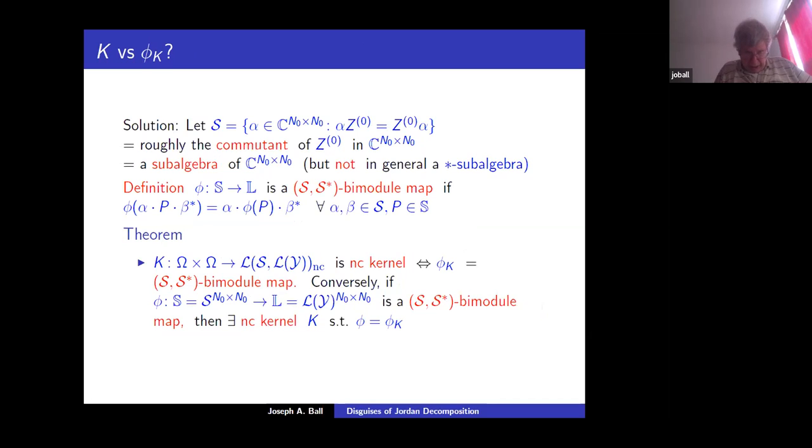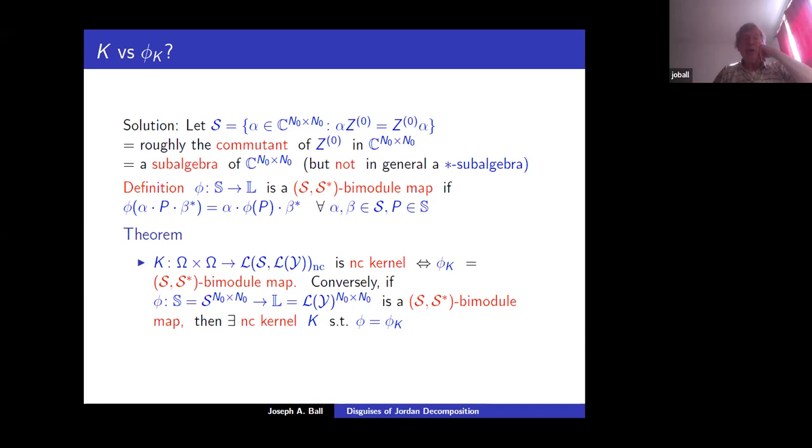Then we say phi from blackboard bold S, which was defined earlier, to blackboard bold L, to be an S-S-star bimodule map if alpha p beta star comes out, alpha beta star, from phi of p. And the theorem is: K is a non-commutative kernel if and only if phi_K is an S-S-star bimodule map.